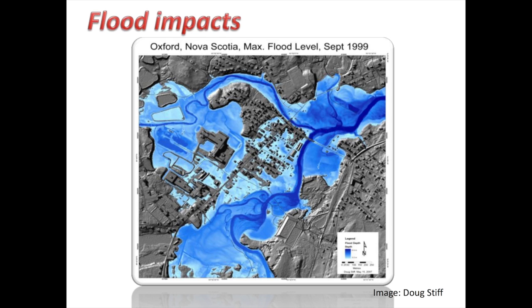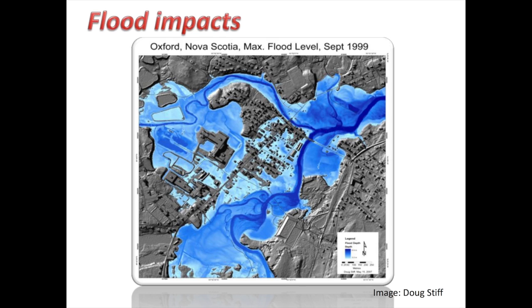Flood impacts is probably one of the applications of LiDAR that really pushed the industry in the early days, partly in response to FEMA, the Federal Emergency Management Agency in the US, which put out guidelines very early on for how LiDAR could be utilized for flood mapping, both in a coastal zone environment and in an inland riverine floodplain environment.